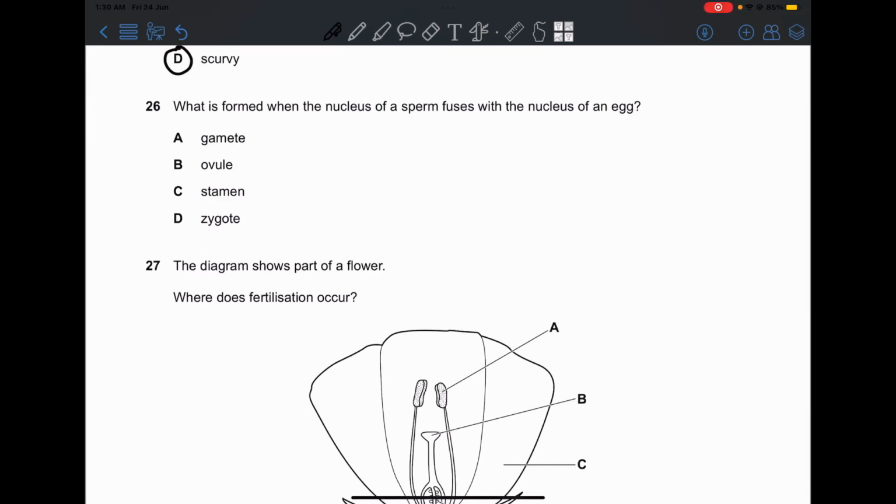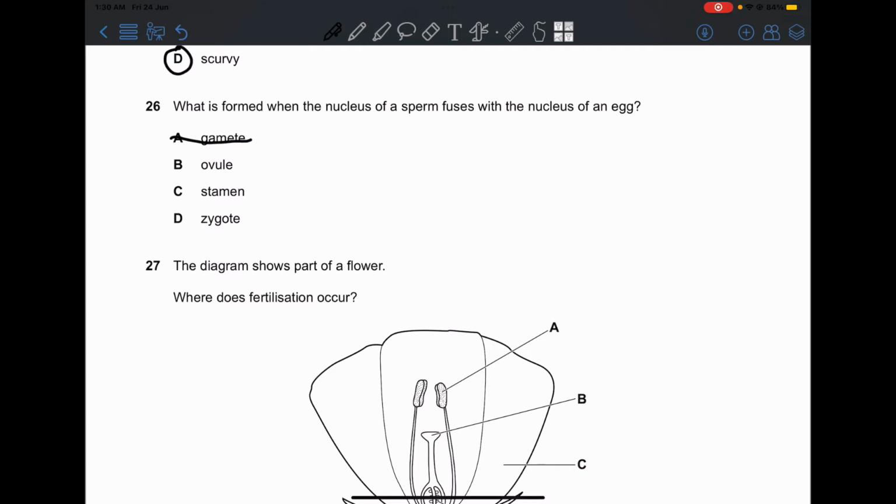Number 26. What is formed when the nucleus of a sperm fuses with the nucleus of an egg? Now, of course, it's not going to form a gamete because gamete is something like the sperm and the egg. Ovule is, again, the female reproductive part, equivalent to the egg in the human. It's actually the ovule in the plant.